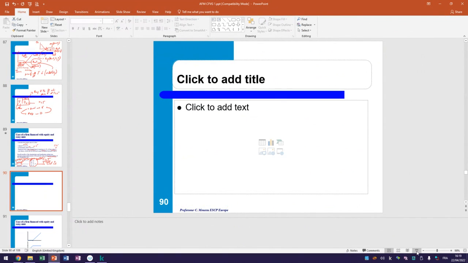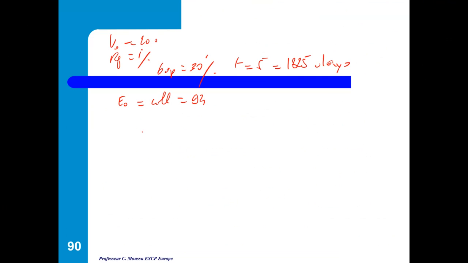So to summarize, I use V0, underlying asset 200, risk-free 1%, annual operating volatility 30%, T equal 5 years, equal 1,825 days. And what we have here is that the value of equity is the call, 94.